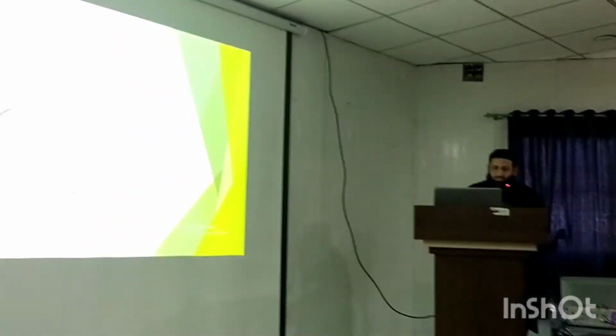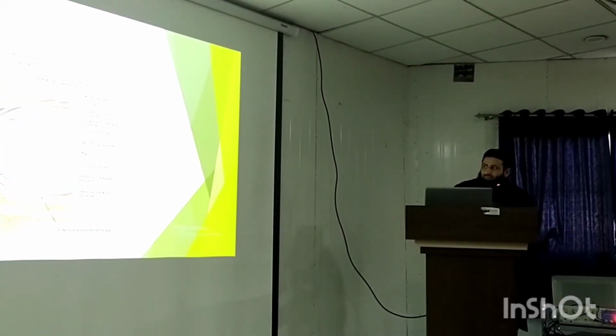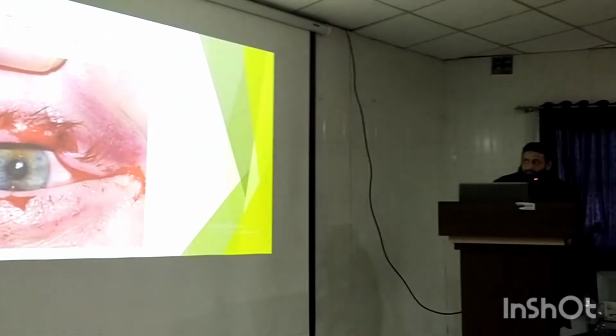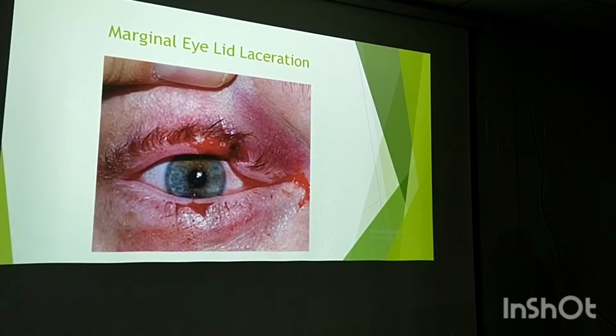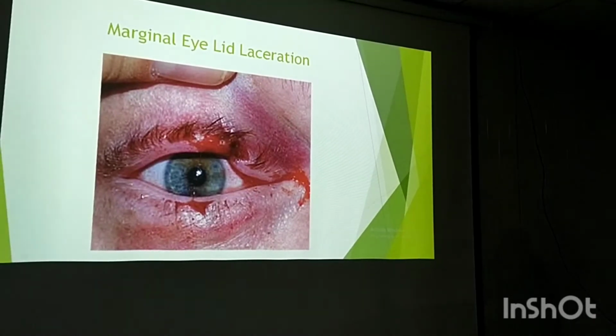So this is a diagram showing the eyelid. That is a guard for the eyeball. So we cannot overemphasize the lid trauma. This is the lid margin. Whenever we see a lid trauma, in the upper lid or lower lid, first of all we examine this area, the upper lid margin and lower lid margin.